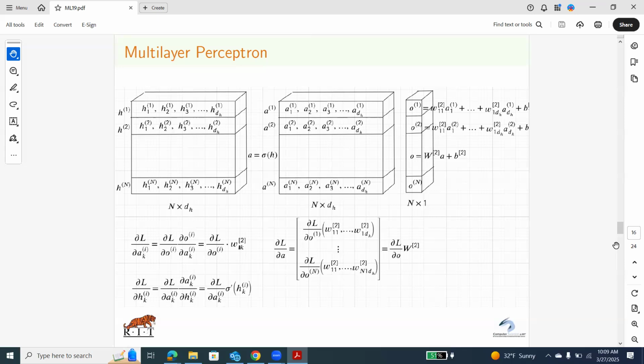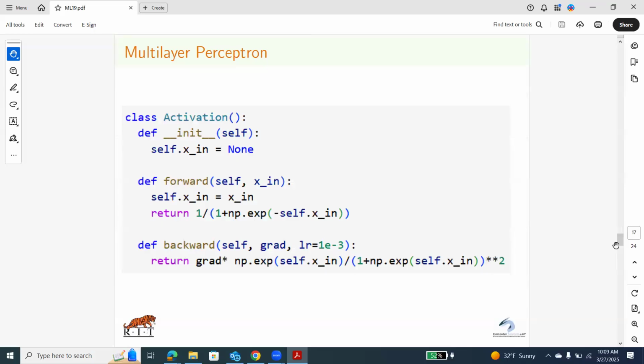Then we want to calculate the derivative of our loss function with respect to H. It will be the derivative of our loss function with respect to A times the derivative of A with respect to H, but it's just the derivative of sigmoid. And this is how we can write this in code. In backward mode, we calculate the derivative only with respect to inputs.